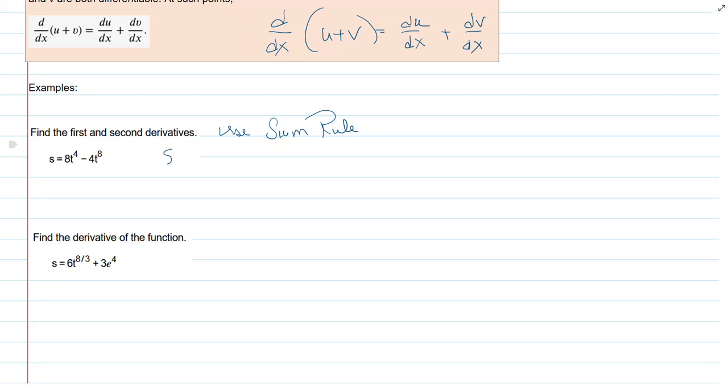If I have s equals 8t to the fourth minus 4t to the eighth, then ds/dt, and again, the independent variable is always attached to the denominator reference. It's going to be very valuable later. So we have 4 times 8 is 32, t to the 4 minus 1, minus 32, t to the 8 minus 1.